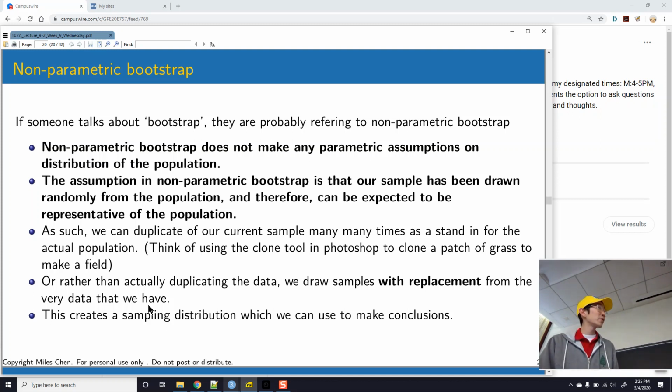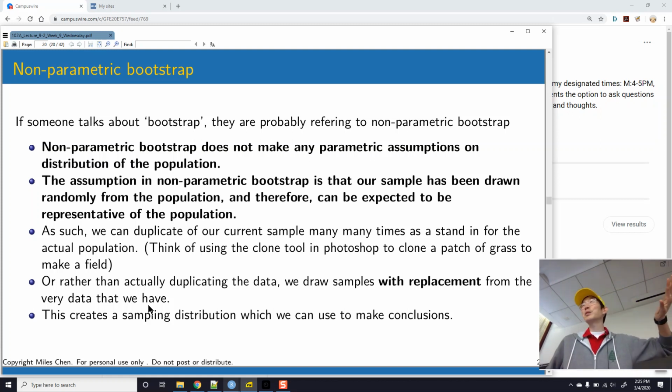The difference here is that non-parametric bootstrap does not make any parametric assumptions on the distribution of the population. So we're not going to say the population is normal. We're not going to say the population has this distribution or that distribution. We don't do any of that, okay?